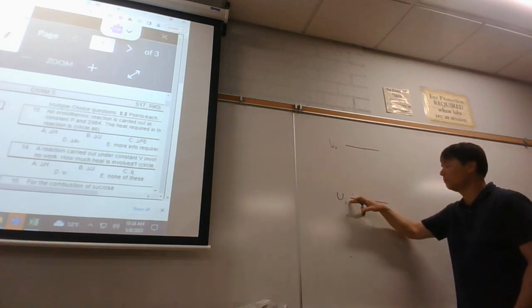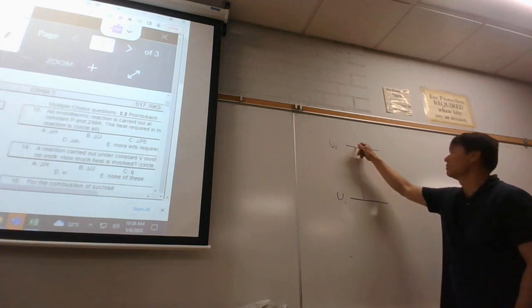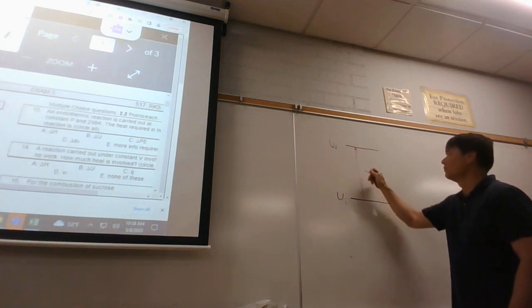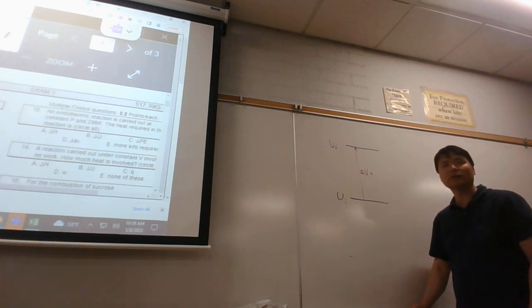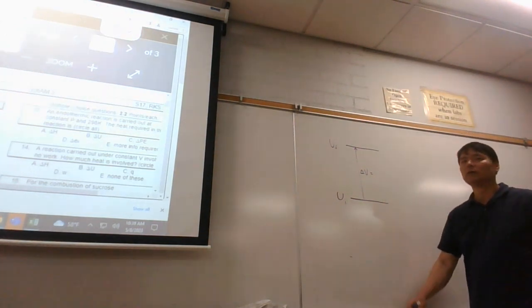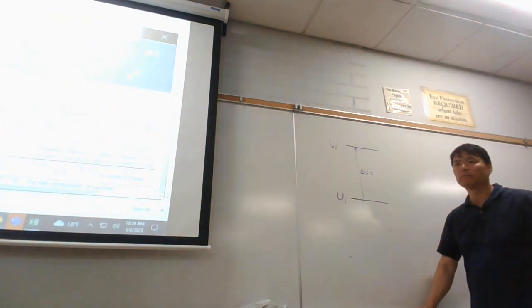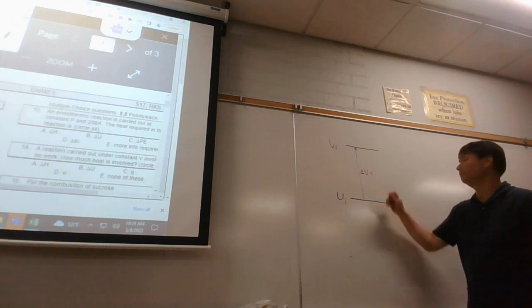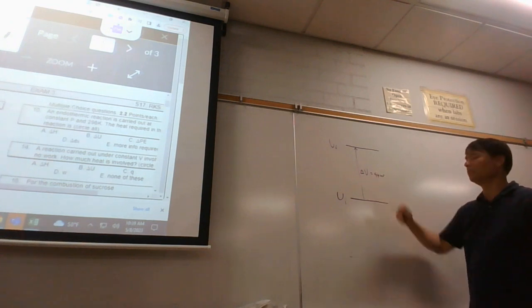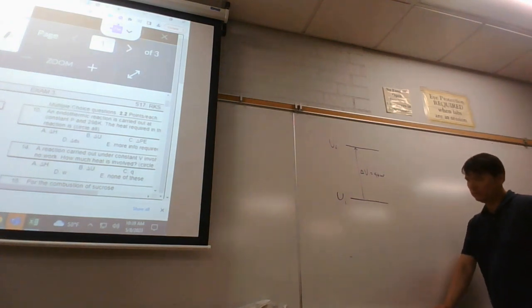So we're going from lower internal energy to higher internal energy. And then we have delta U. Delta U we know the equation for. Everybody should know. Delta U is equal to Q plus W. That's one of them. There are multiple equations for delta U.